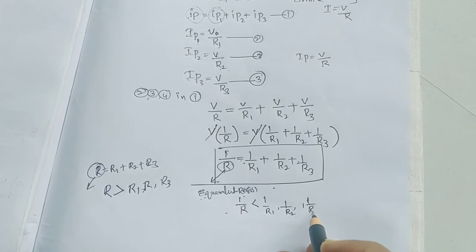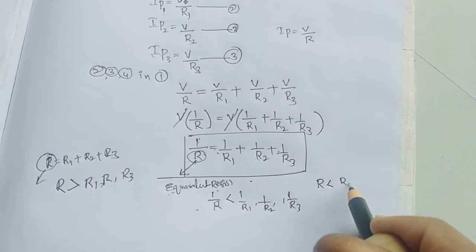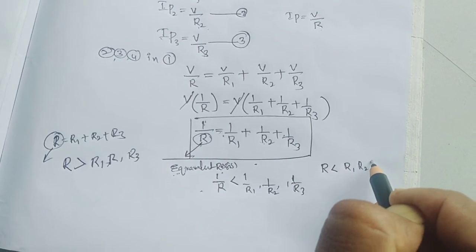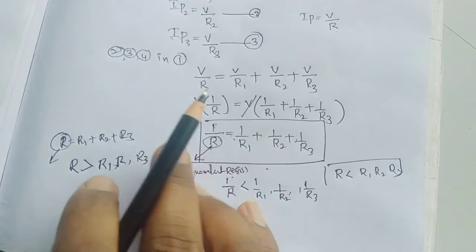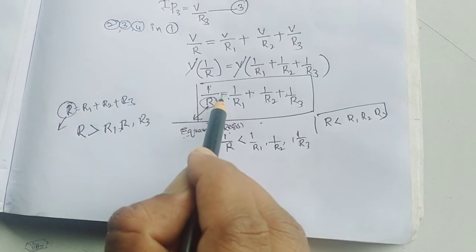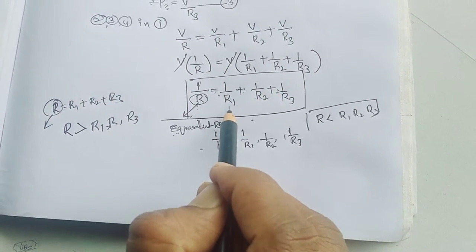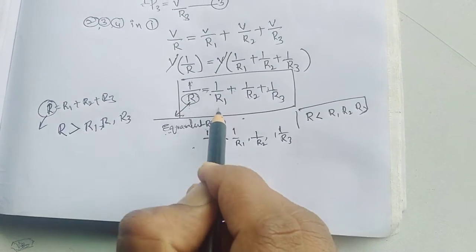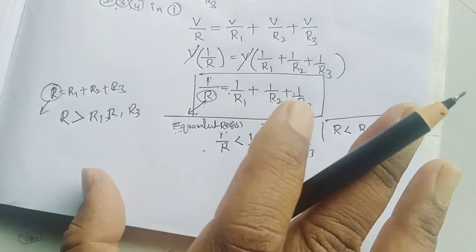So in the parallel connection, R is less than R1, R2, R3. So that is our condition. From this equation, the reciprocal of the equivalent resistance is equal to the sum, the plus symbol representing the sum, of the individual reciprocals of resistance. So this is the parallel connection of resistance.